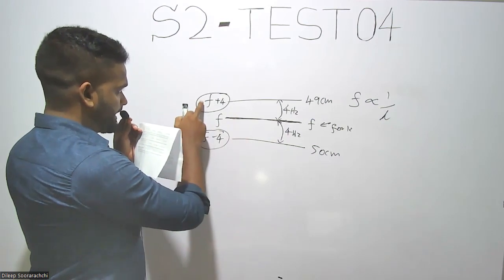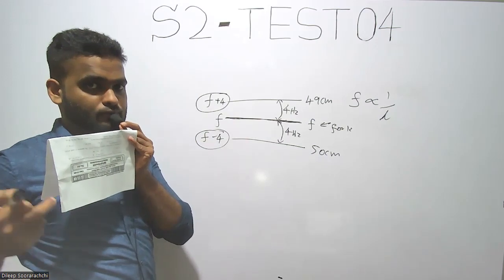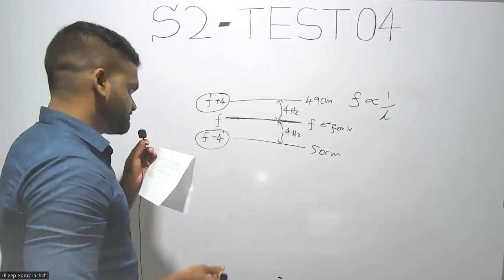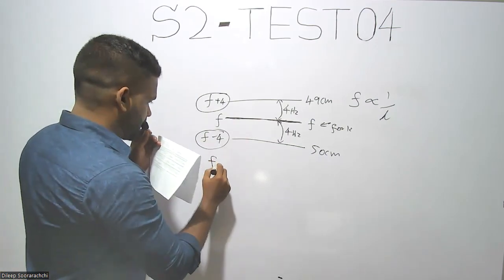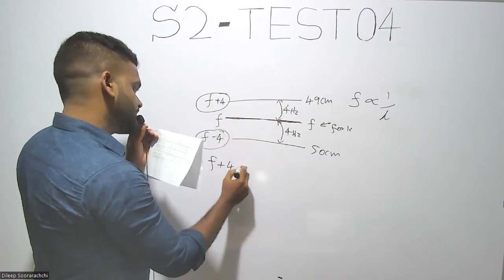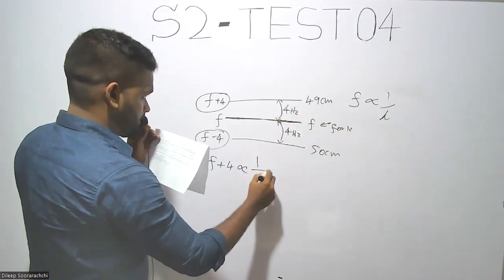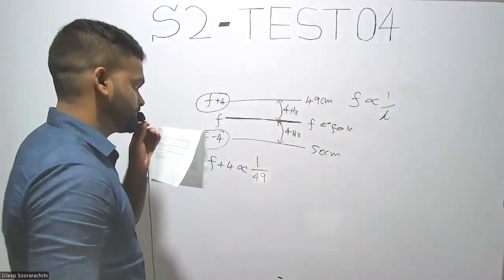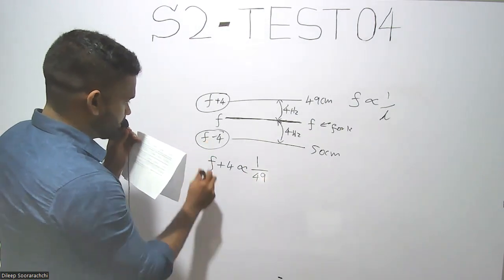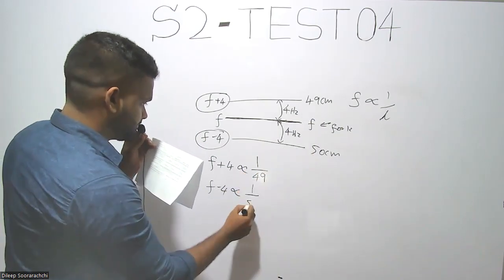I'm going to use these two cases. We need to find f, which is the frequency of the fork. So I can write these proportionalities. F plus 4, this frequency is inversely proportional to the length, so that is 1/49. This frequency f minus 4 is inversely proportional to 50.